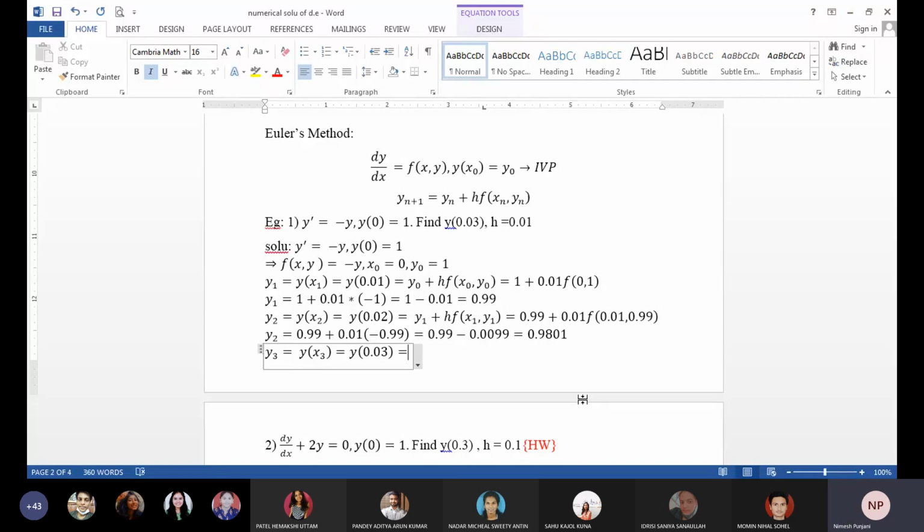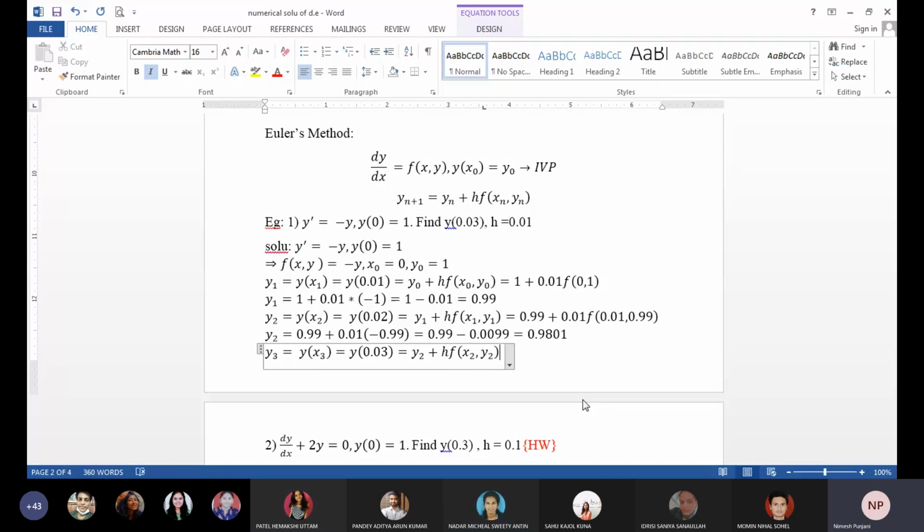So tell me what will be the formula for this? y3 is y2 plus h f of x2, comma y2.